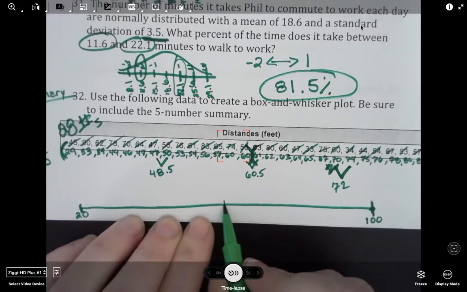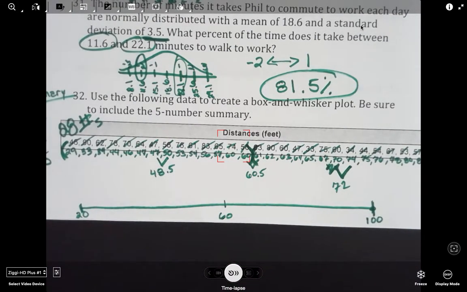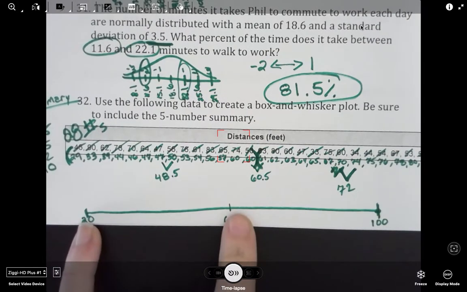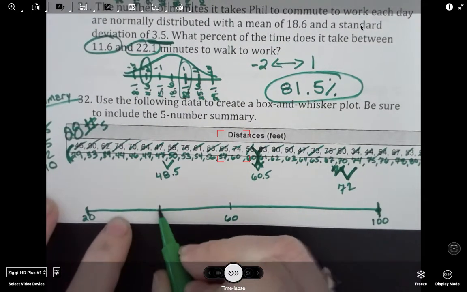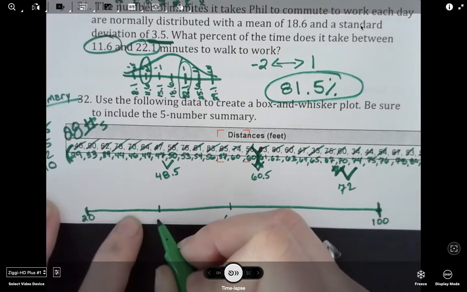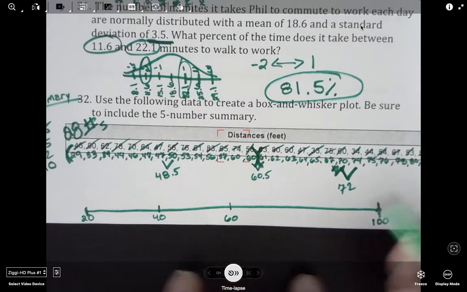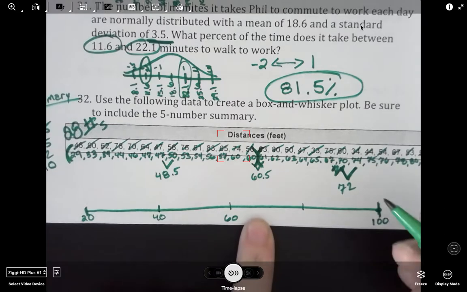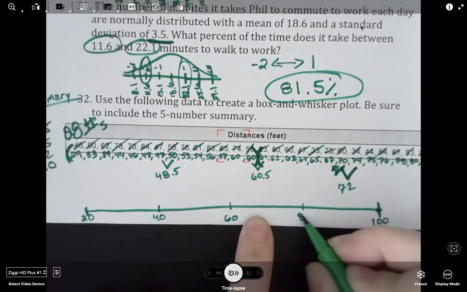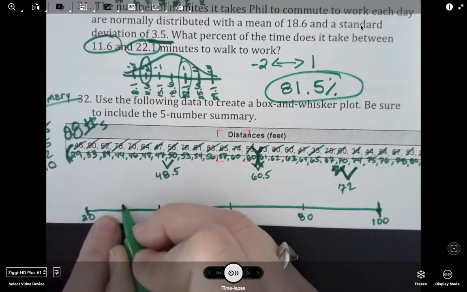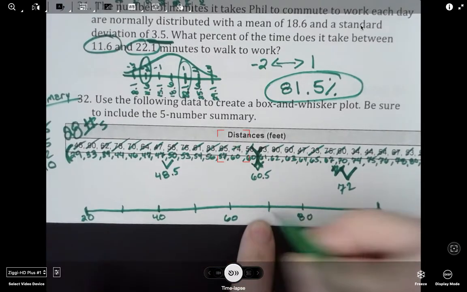What's in the middle of 20 and 60? 40. What's in the middle of 60 and 100? 80. And then between 20 and 40 is 30, and then 50, 70, 90.